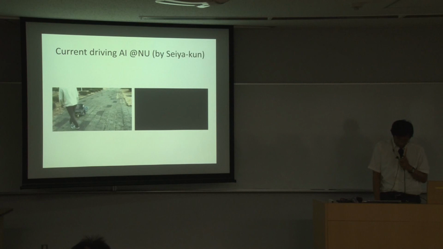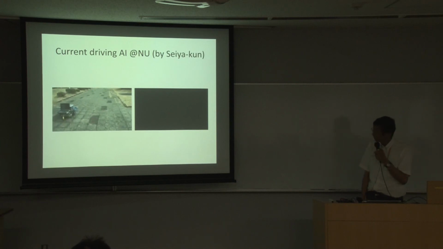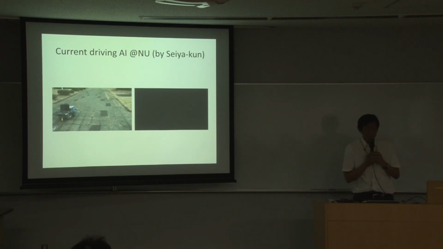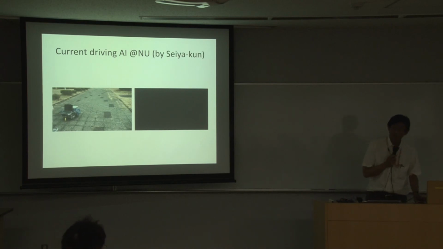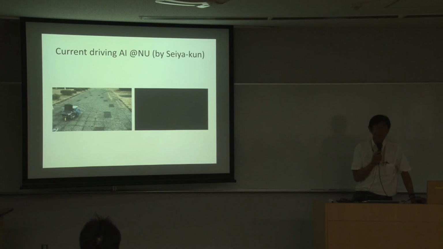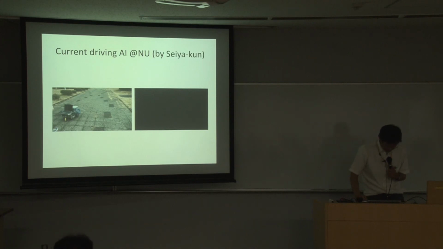So this is another interesting generalization. Of course, these are very simple examples, but I hope this research will become a realistic scenario, and we are actually planning to do this experiment with a real vehicle at the test bed in Tsukuba this autumn. Seiya-kun is not here, but he's an exciting guy, and he's doing this experiment.